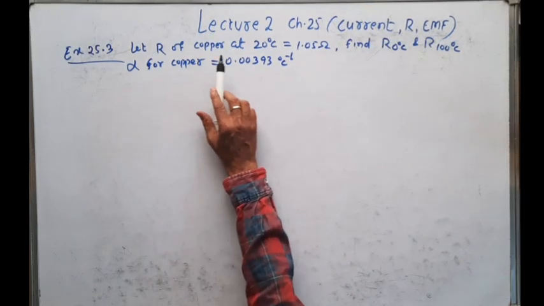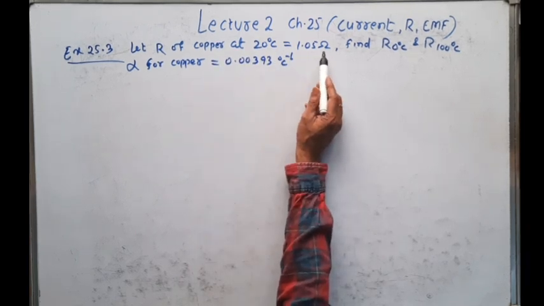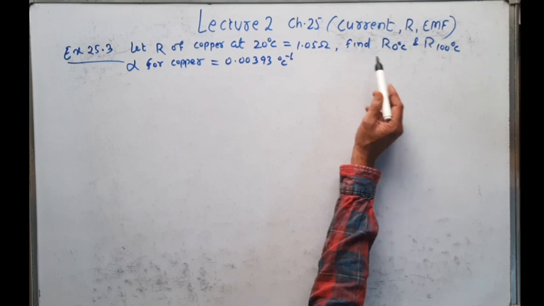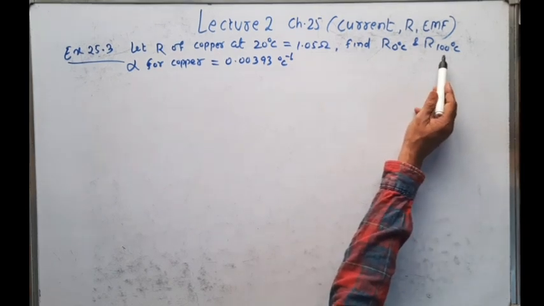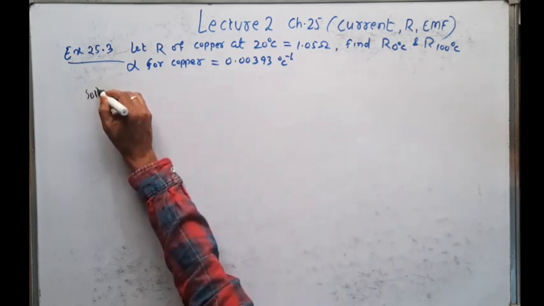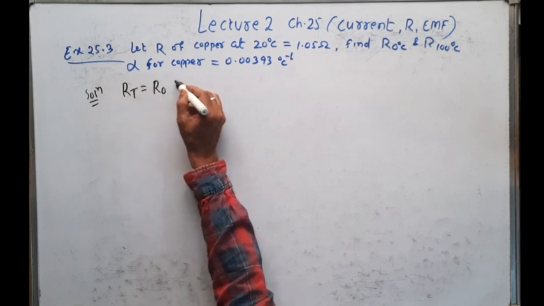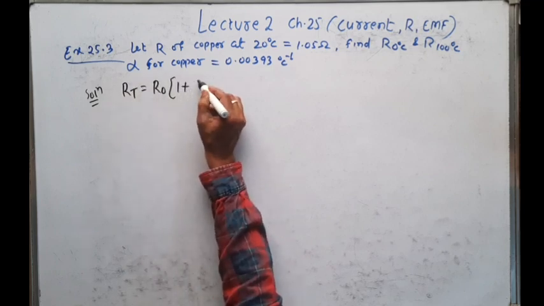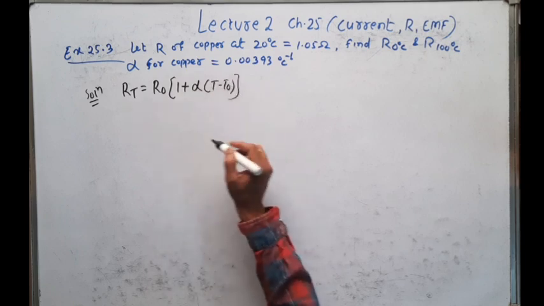Here the resistance of copper at 20 degree centigrade is given as 1.05 ohm. We have to find what is its value at 0 degree centigrade and what is its value at 100 degree centigrade. So we had got a relation R_T is equal to R naught into 1 plus alpha into T minus T naught. This is according to the theory.